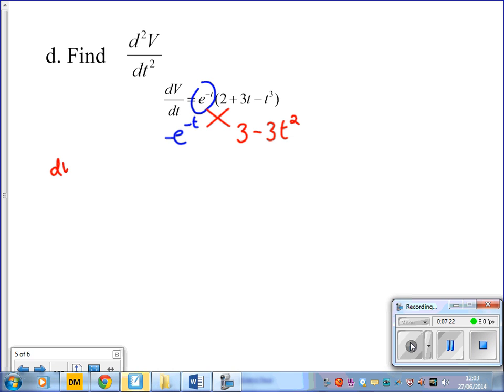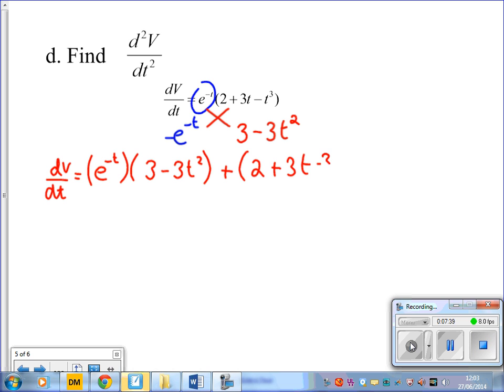So dv dt is e to the minus t times 3 minus 3t squared plus second part 2 plus 3t minus t cubed times minus e to the minus t.